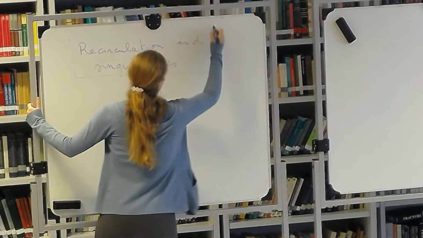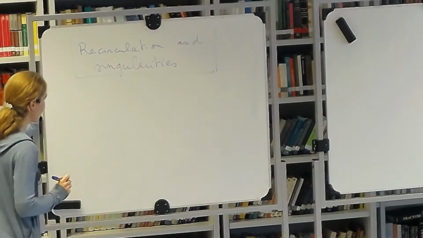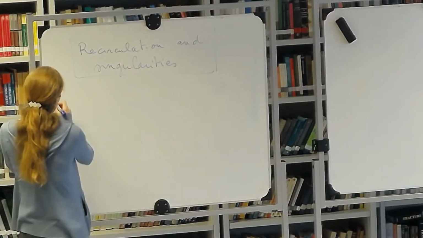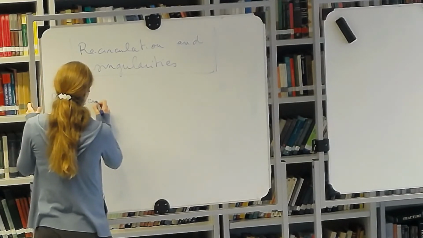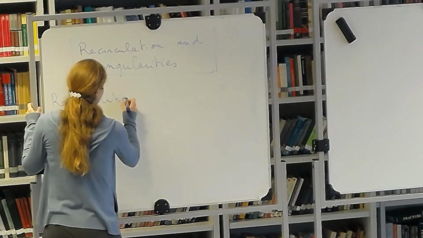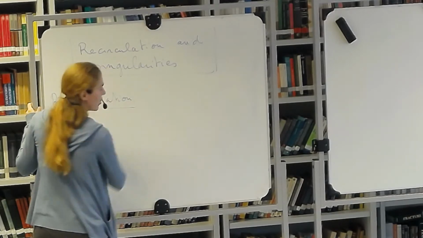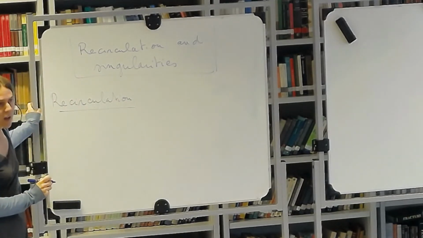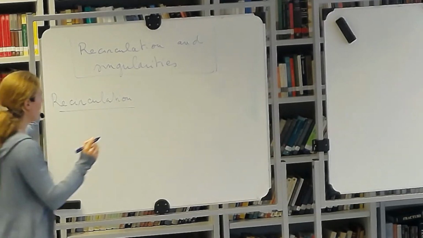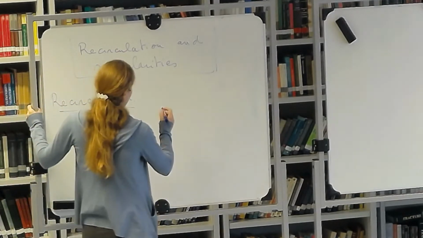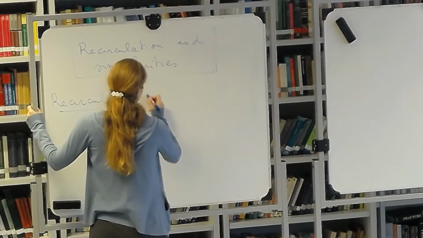Okay, so that's the title, and I will start with a small introduction on recirculation, but this is the part that I guess you all know very well. Let's say that you're looking at a fluid boundary layer in which you have an adverse pressure gradient.